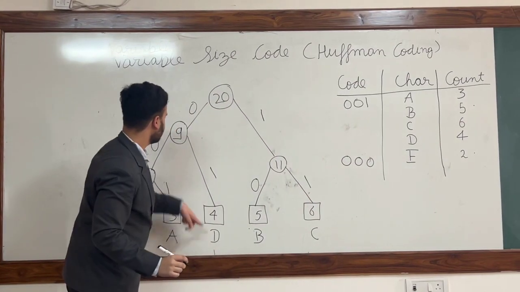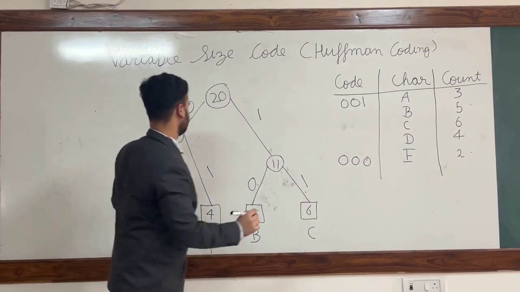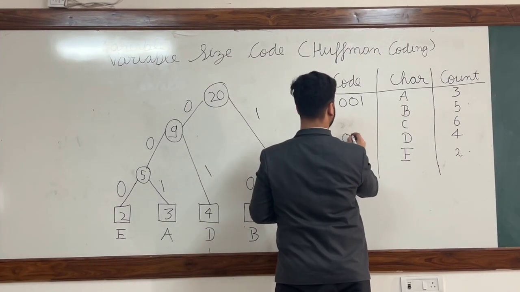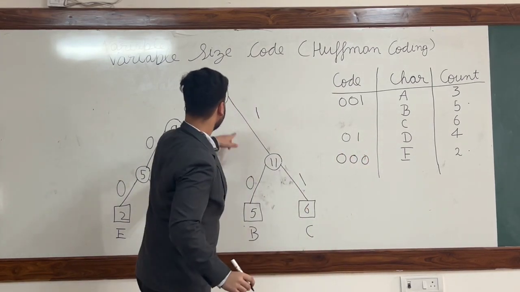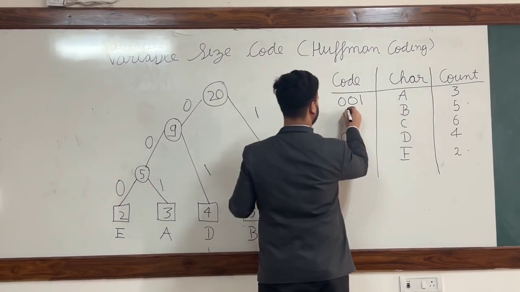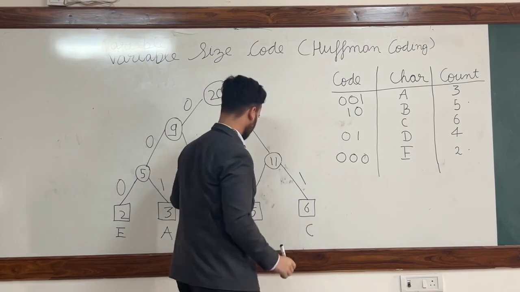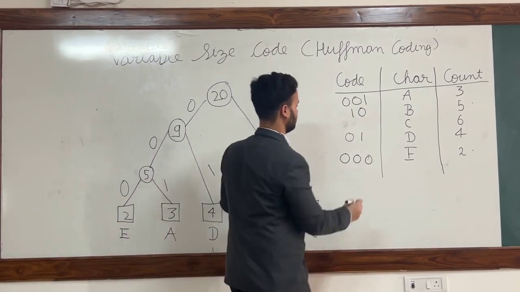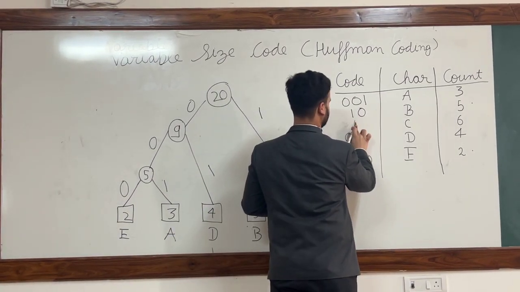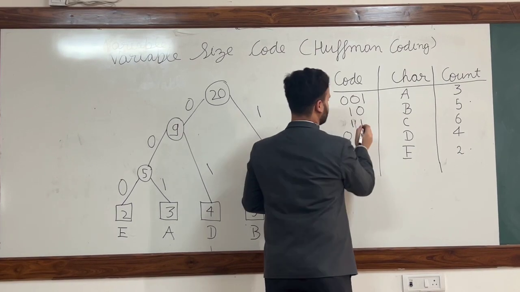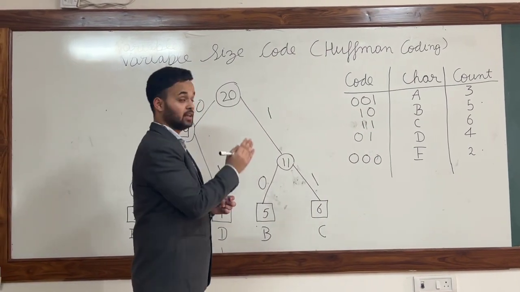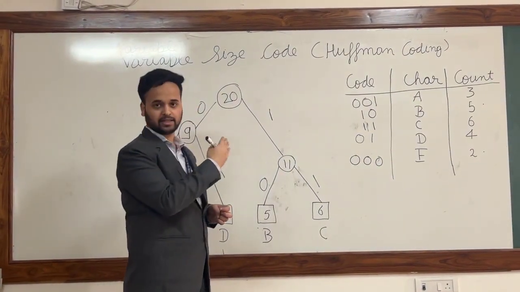Code of D, 0, 1. Code of B, 1, 0. Code of C, 1, 1. So that's how we have found the code of each of the characters in our message.